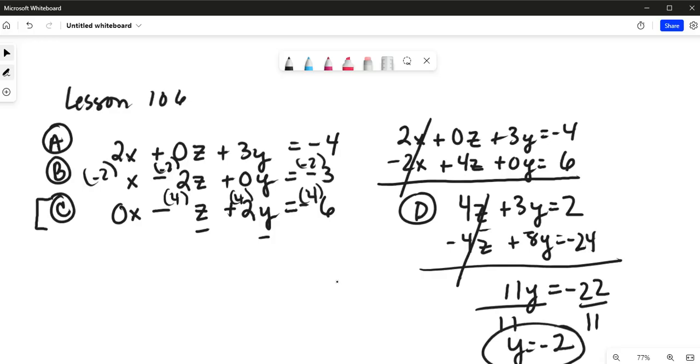Okay, once we have that -2, we can start putting it back into the equations to find the z and the x. So we could put it into equation A. So 2x plus 3 times -2 equals -4.